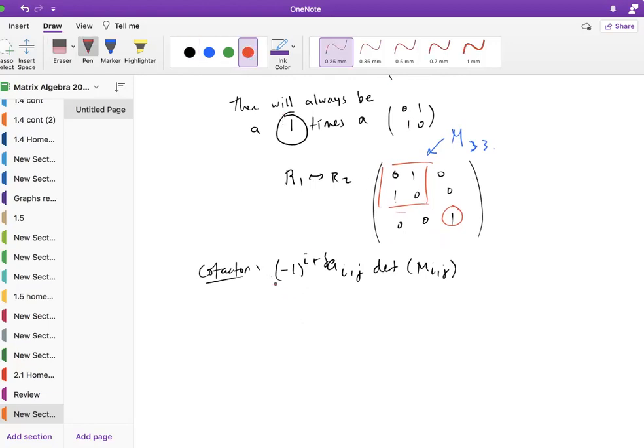Sometimes we have this -1 to the i plus j thing over here. Someone say why it's always going to be a positive one. When you calculate the determinant for an arbitrarily sized matrix, why is that -1 to the i plus j always positive?